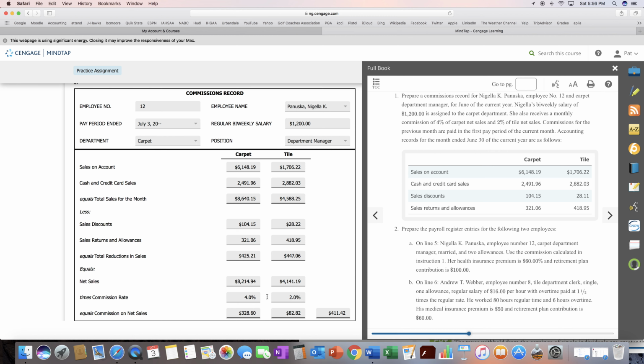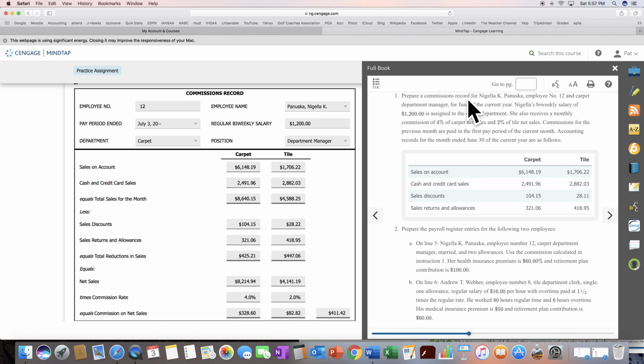So how we got 4% or 2%, they gave it to us. They gave us the 4% for the employee for carpet commissions, and the commission is 2% for tile. We multiply the net sales by the 4% to get the commissions. We multiply net sales of tile times 2% commission to get that. We add those two up to get total commissions.